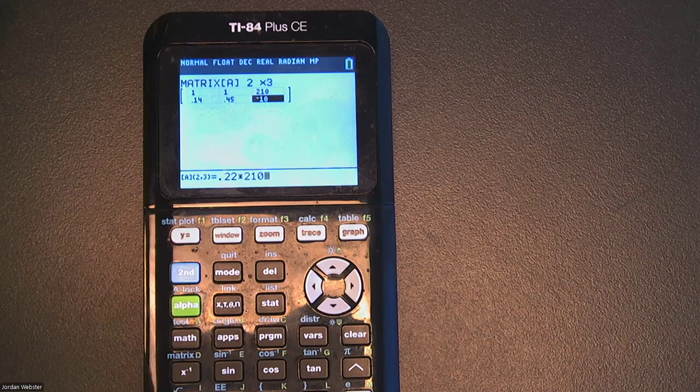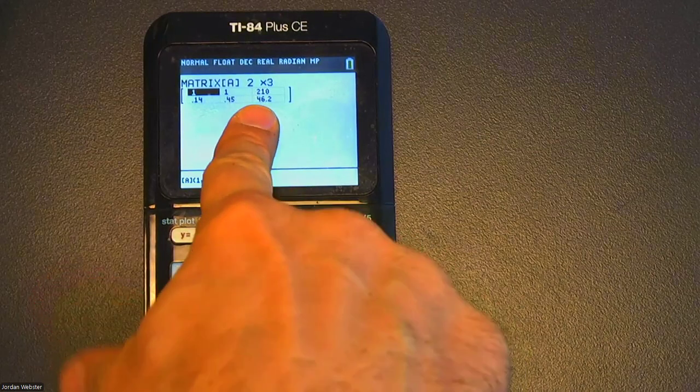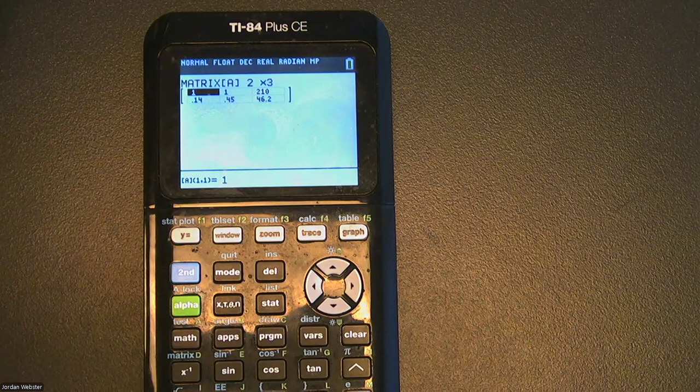By the way, what's going to happen here in a second when I hit enter is that it's going to do the multiplication for me and write a 46.2 there.